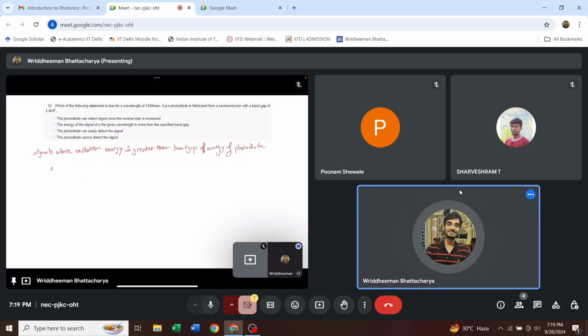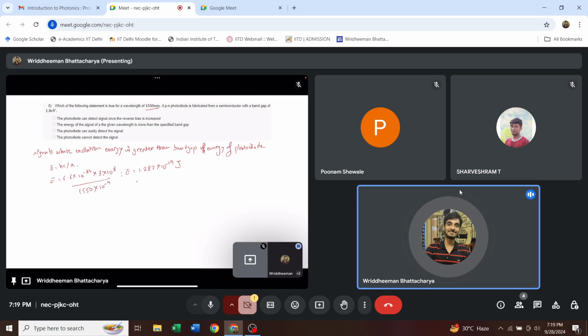So E is basically hc by lambda. E is 6.6 into 10 to the power minus 34 into 3 into 10 to the power 8, divided by 1550 into 10 to the power minus 9. Now E we will get as 1.282 into 10 to the power minus 19 joule.